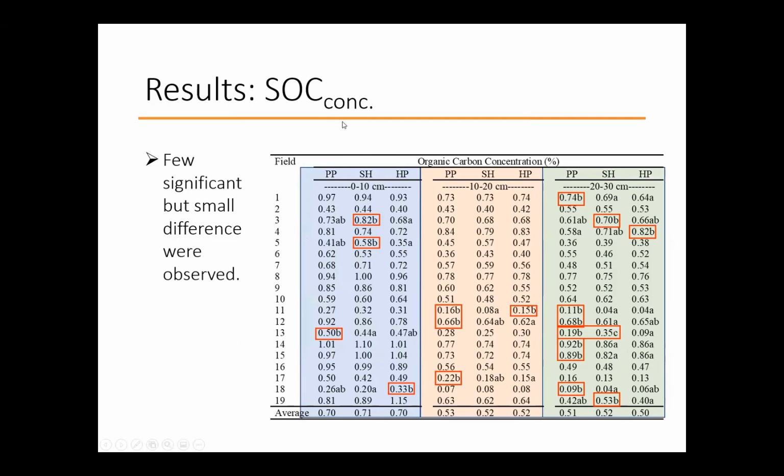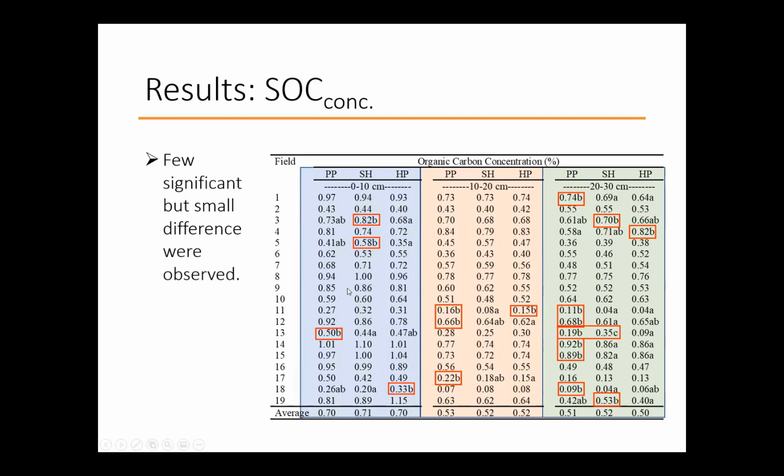For soil organic carbon concentration, this is in percent. Some differences were observed between the probes, but they were limited to about 4 fields in the 0 to 10 layer, and about three fields in the second layer, and the differences tend to appear in more fields in the lowest layer.